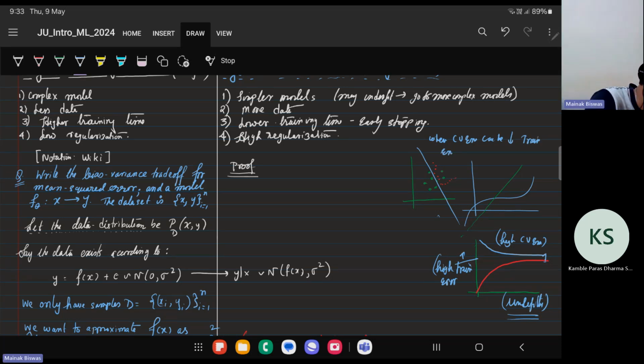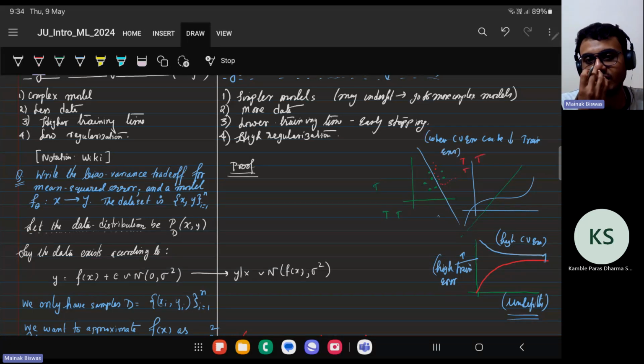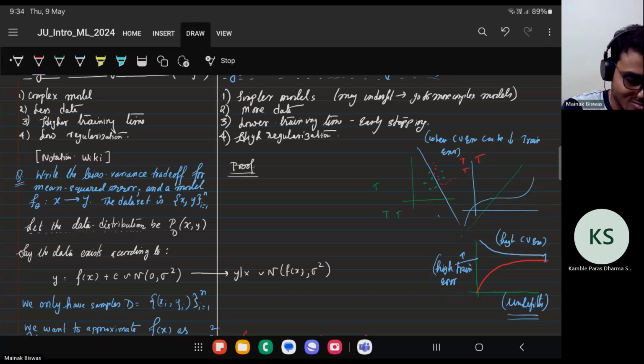But if you have a very, very simple test set here, then you will be getting a very, very high accuracy, or lower loss, on the cross validation set.